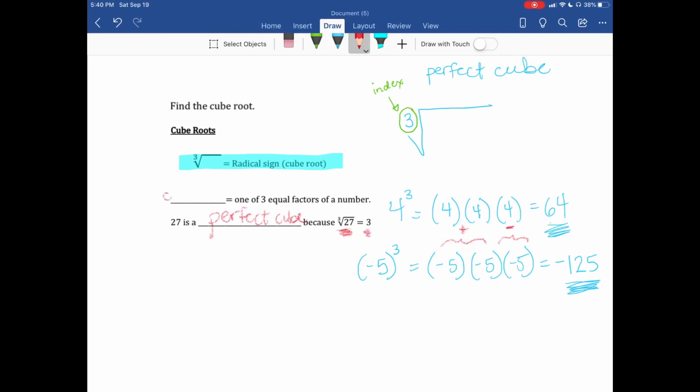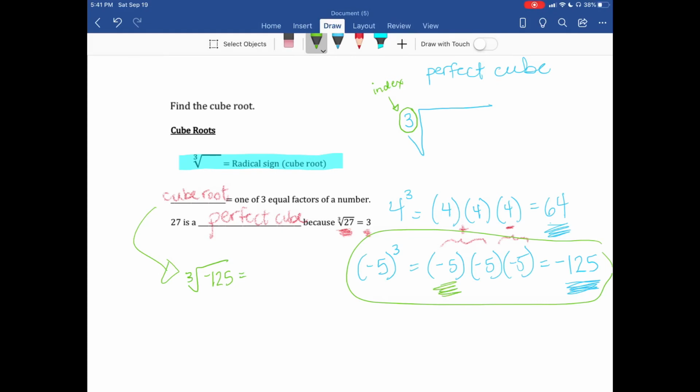So now I can define my cube root as one of 3 equal factors of a number. That means if we took this example, I could then say that the cube root of negative 125 is negative 5, because negative 5 multiplied to itself 3 times is negative 125.